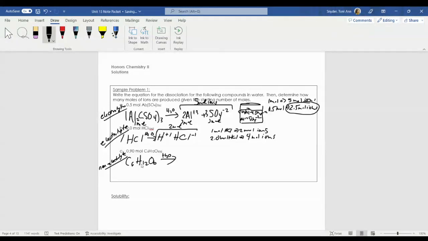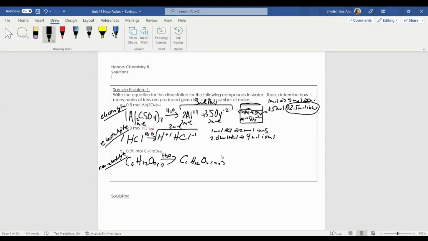So if this is not an electrolyte, if I have solid glucose that's dissolving, my product would just be this, C6H12O6. The state of matter, though, is not solid anymore. It's just aqueous. Glucose does not dissociate. This dissolves. And that's because water and glucose have similar intermolecular forces.